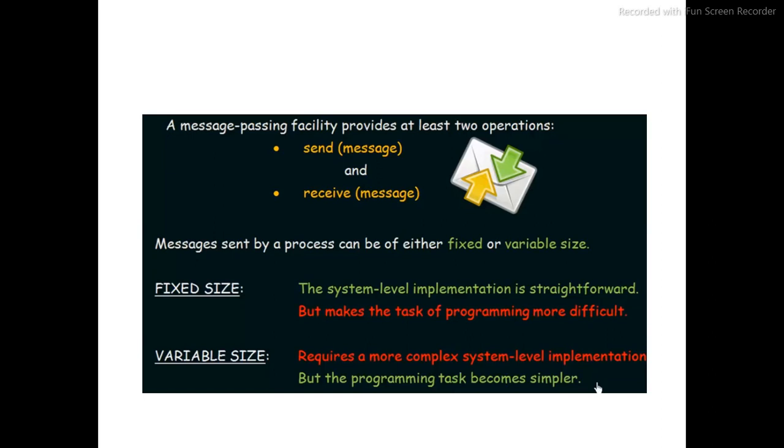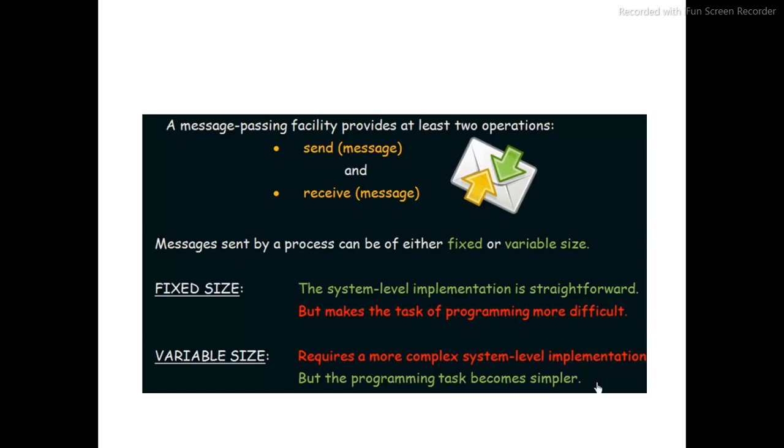Next is the variable size. At the system implementation level, it is very difficult because we have to take care of the size of the message. It is not fixed, so we have to take care of that. But on the programming side, it is simpler because longer messages can also be sent with ease.